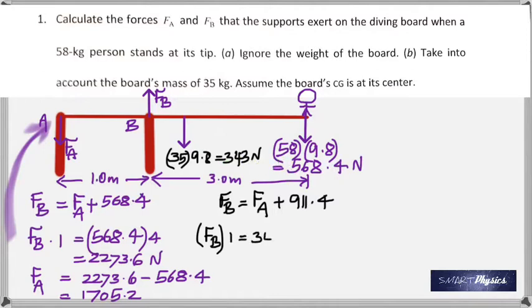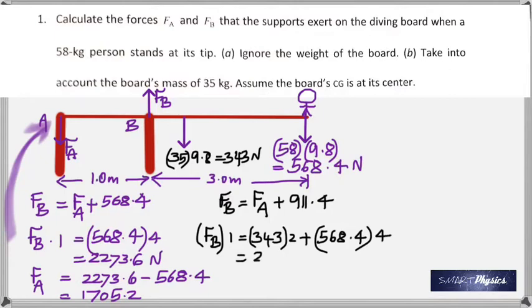And then again calculate the torque about A, and you get Fb times 1 is 343 times 2. Let me stop it right there. Look, 343. Isn't this distance 2? Isn't this distance 2? Come on. That's why it's 343 times 2 plus 568.4 times what? 4.